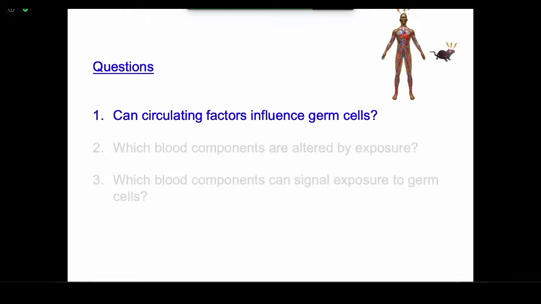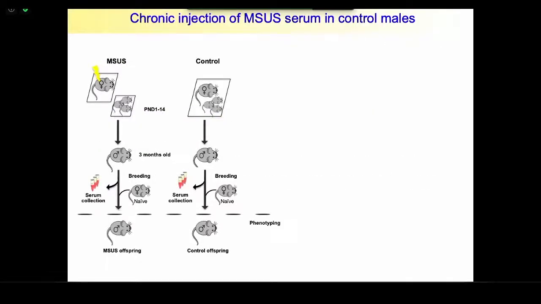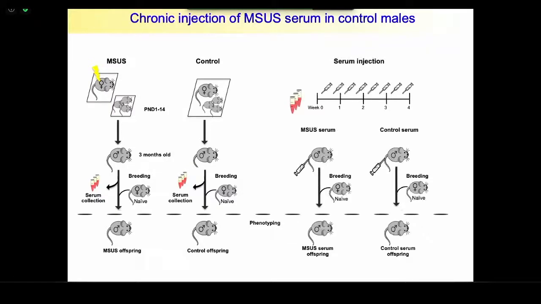So the question: can circulating factors influence germ cells? To address this question, we collected serum from MSUS mice. You see here the MSUS and controls. We collected blood in adults, prepared serum, and injected the serum intravenously into control mice twice a week for 1 month.